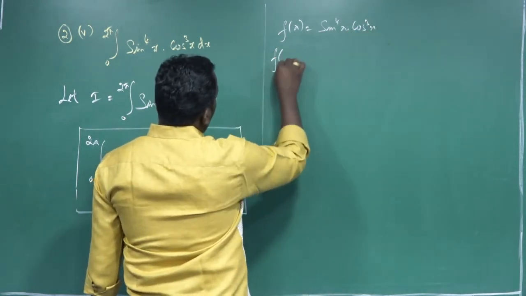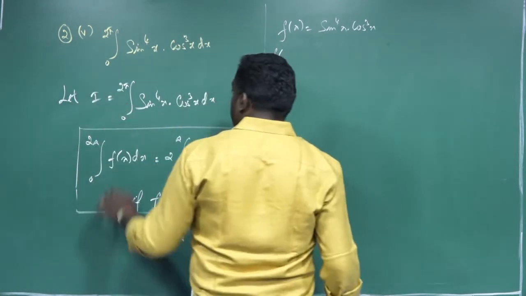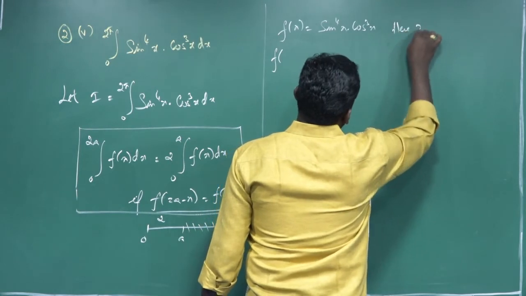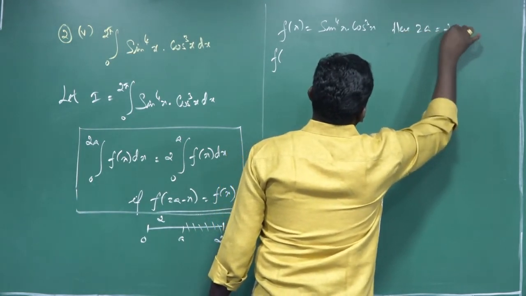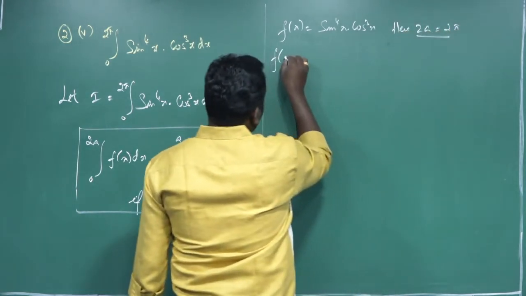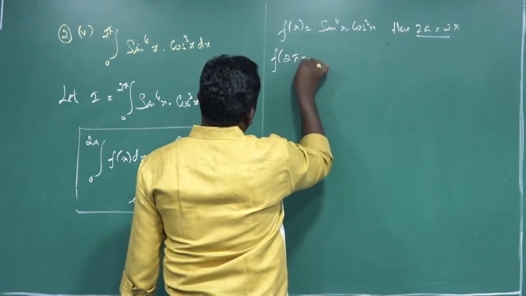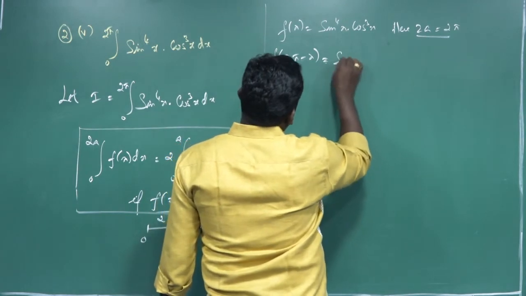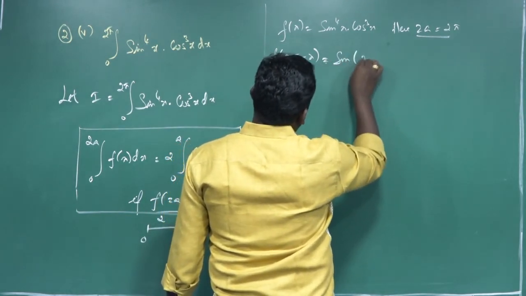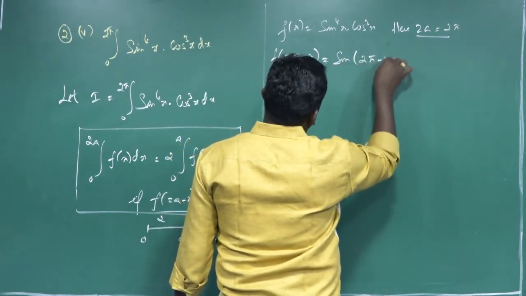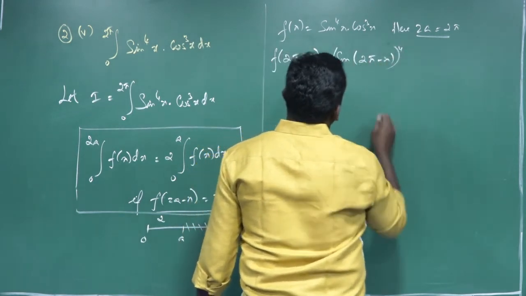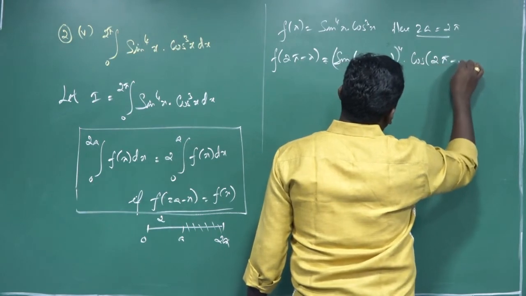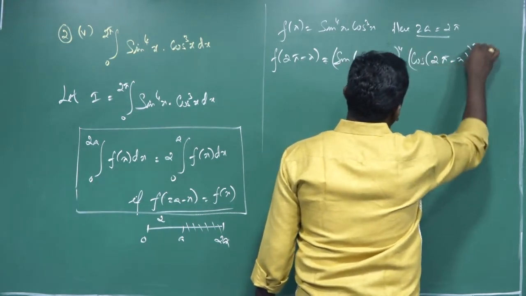Now replace x with 2a minus x, here 2a equals 2 pi. Therefore f of 2 pi minus x equals sin of the bracket 2 pi minus x whole power 4 into cos of 2 pi minus x whole power 3.